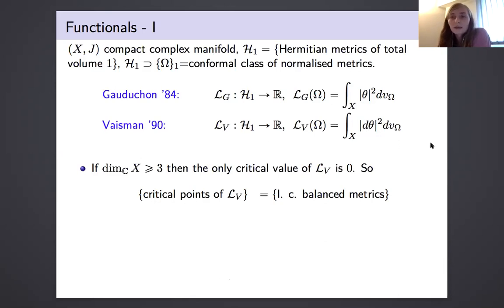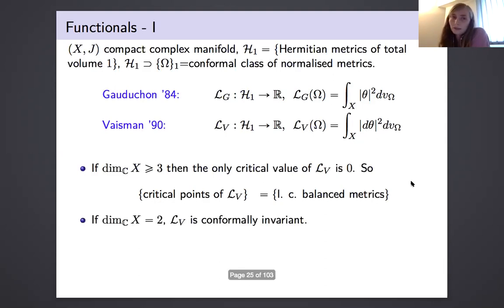However, he was not able to show that. On the other hand, in complex dimension 3 or bigger, it's easy to see that the only critical value of this functional is 0. So all the critical points are only locally conformally balanced metrics. And in complex dimension 2, this functional is conformally invariant.